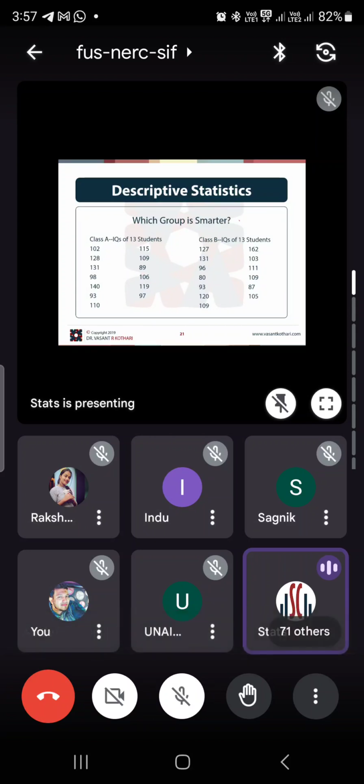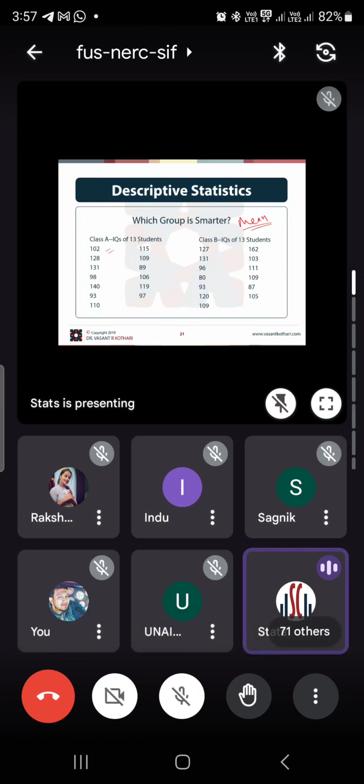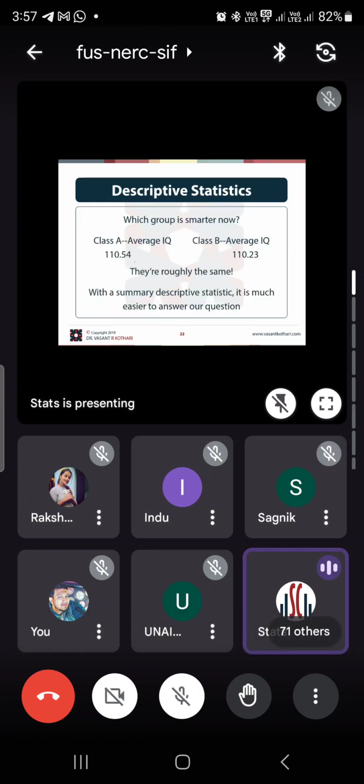To find out which group is smarter, we need to find the mean of this and the mean of this. So we got the means. This is the average of class A and this is the average of class B, and they are roughly the same. So with the help of descriptive statistics, it is easy to answer the question.